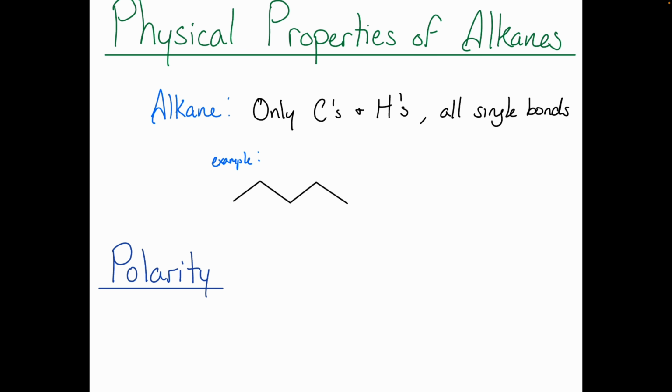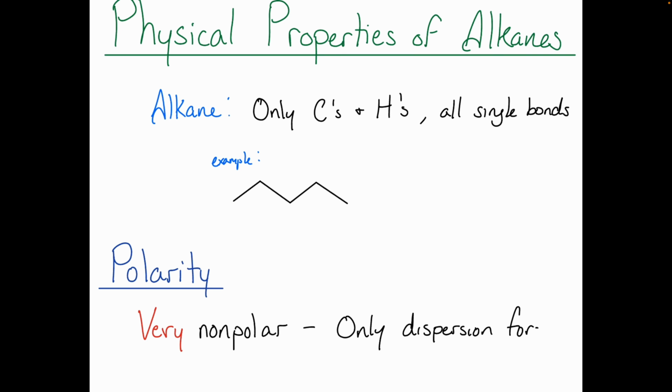There's only carbons and hydrogens. There's no polar functional groups on there at all. So these alkanes are very nonpolar. They only have these dispersion forces when they interact with their neighboring molecules.